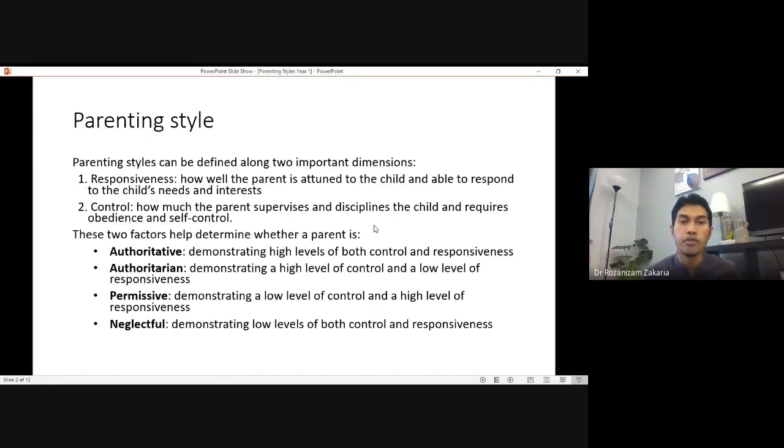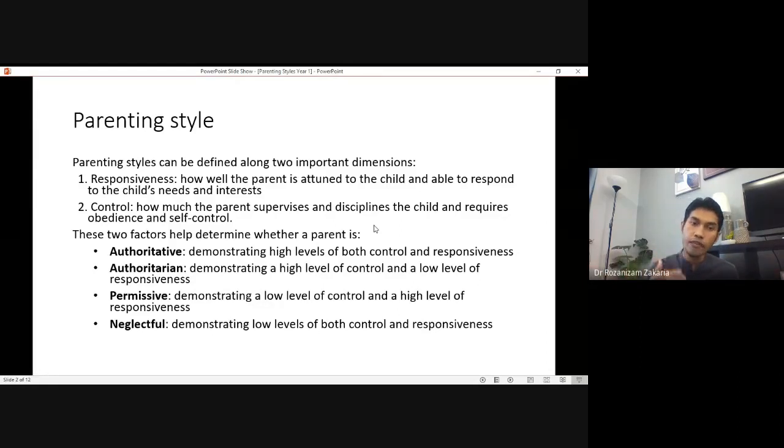Number 1 is responsiveness. Responsiveness is basically how you attune to the child, how you respond to the child's needs and interests. That means your ability to react to the child's needs and interests. So that's 1 domain. And second is control, which is basically how much supervision and discipline and control you impose on the child when they grow up or when they are around you.